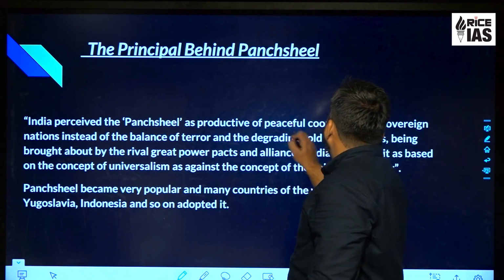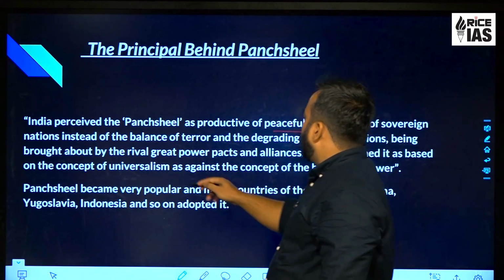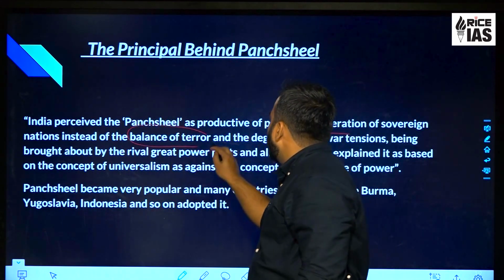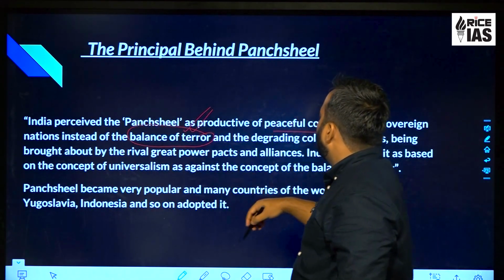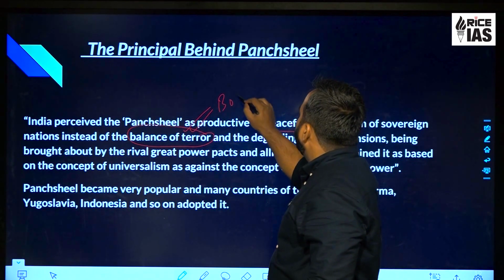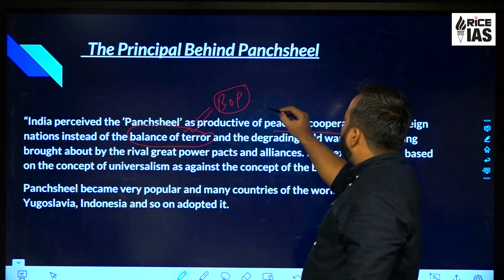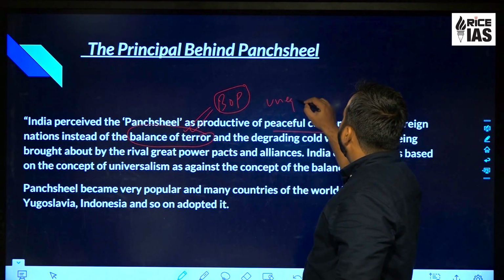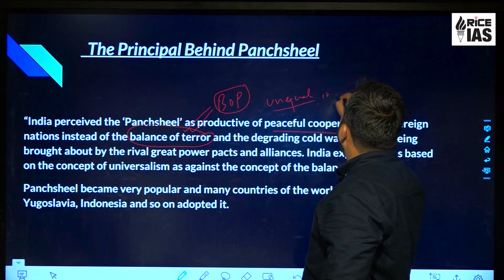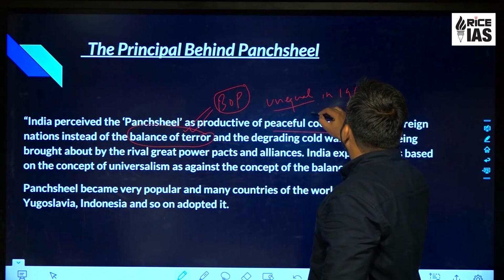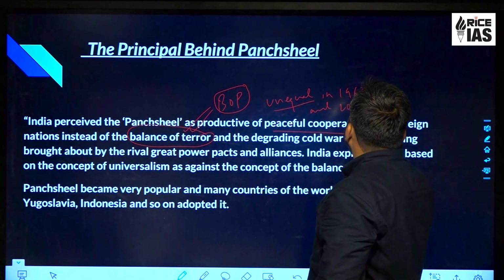So, peaceful cooperation instead of balance of terror. No balance of terror, it's part of balance of power. India and China were unequal powers in 1962, and they are unequal in 2022.